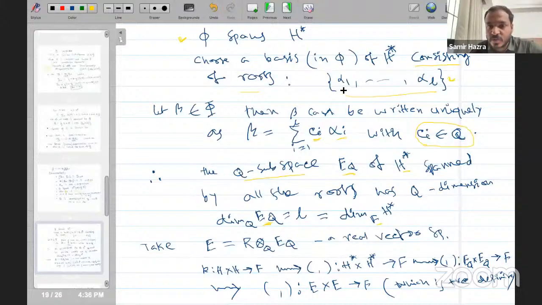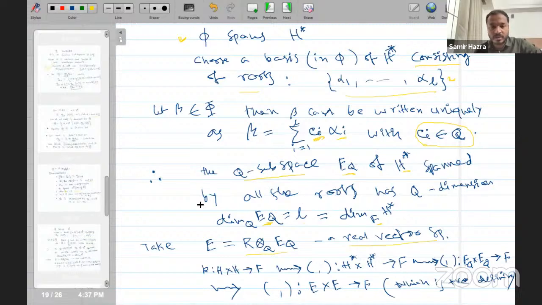Because we are just considering Q linear combinations of these. Once we have this vector space of dimension L, we can extend the scalars by tensoring with R. So then E becomes a real vector space now.